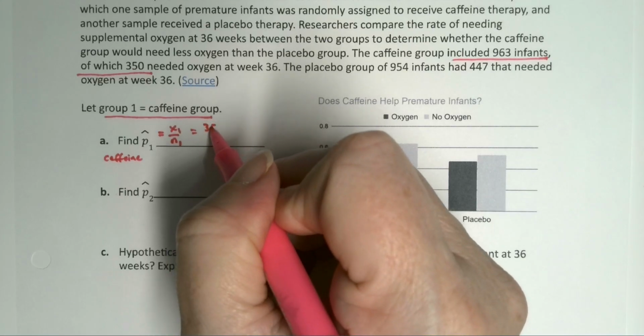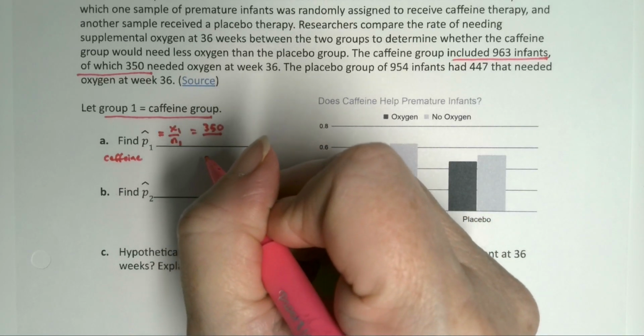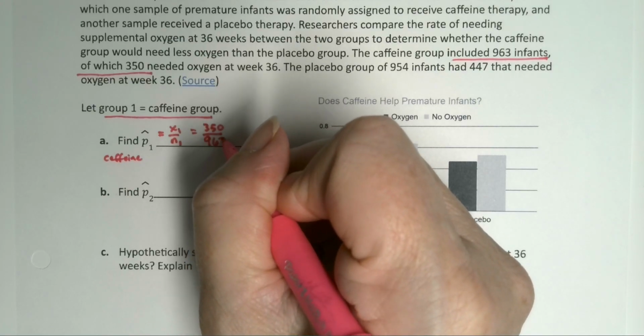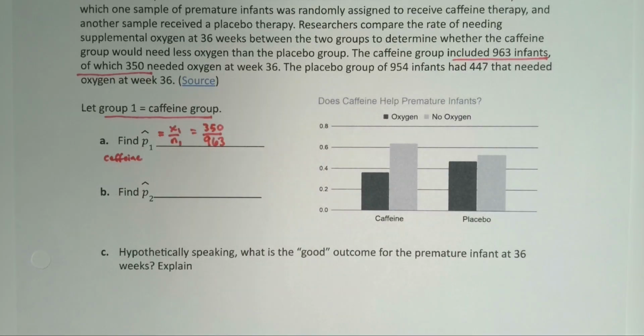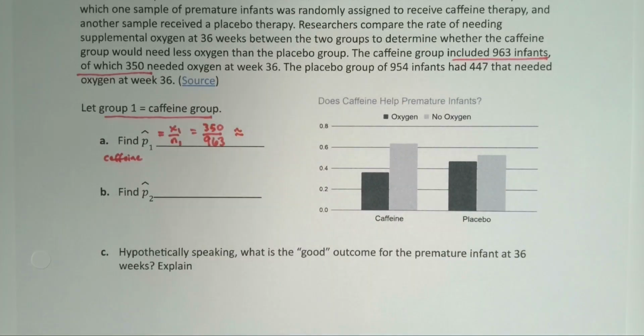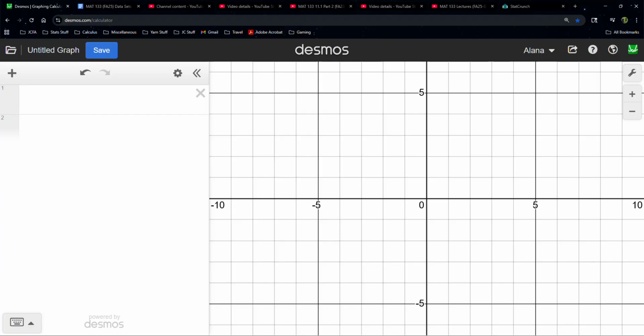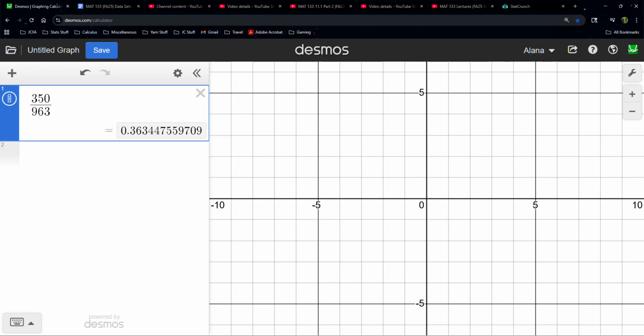Remember, x is always smaller than n because proportions have to be less than 1. So 963 was the entire group for those infants. And then we need to find that to, let's say, 3 decimal places. Okay, so let me go grab Desmos and find what that is. So 350 divided by 963, and we get 0.363.